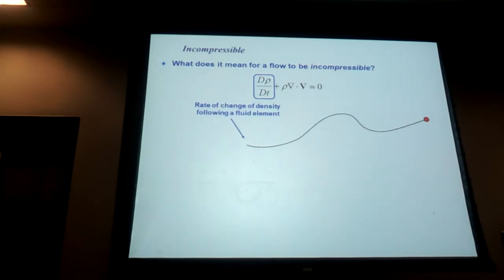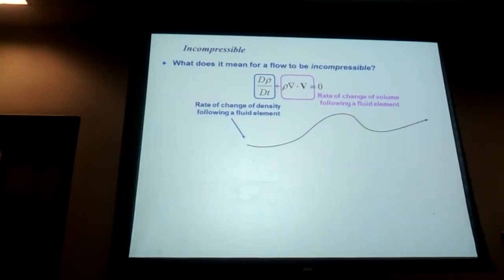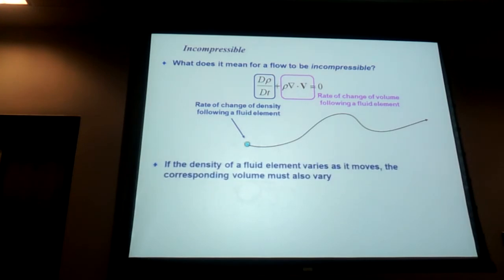So the positive and negative have the same magnitude, and you end up with 0. So this really represents the rate of change of volume following the fluid element. So if that density were decreasing, then that volume should be increasing as it's expanding. Okay? So the corresponding volume must also vary in sympathy with the variation of the density.